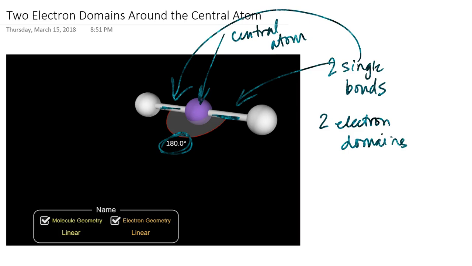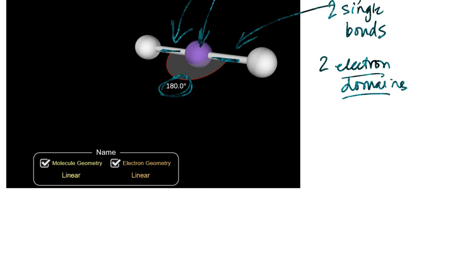And so as a result, any molecule that has a central atom with two electron domains will have a linear electron domain geometry and also a linear molecular geometry. So basically that means that this molecule has all of its atoms in a straight line.